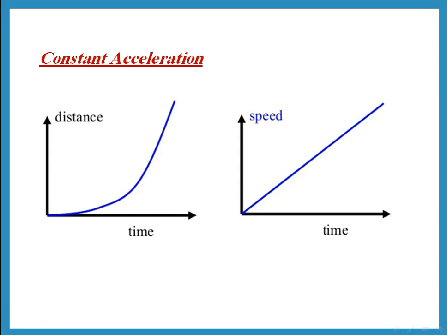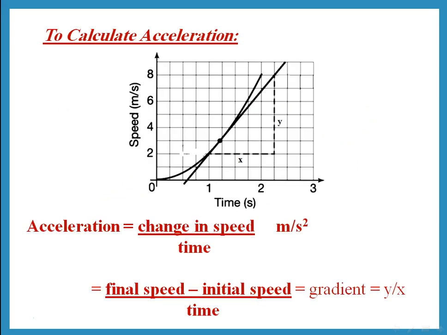And if we're doing the distance time graph, we said if the line goes up, that means it is accelerating. If it's a speed time graph, then the line should be a straight line, and that is also a constant acceleration. Please notice when you get the graph, is this a distance time graph or a speed time graph?